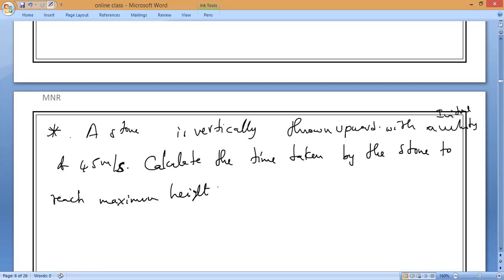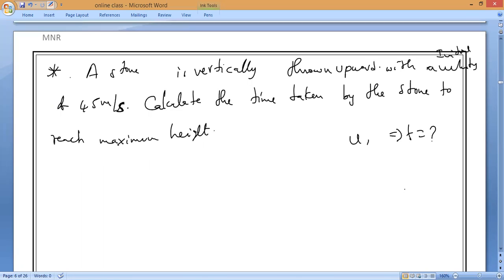Now, you all know, if you know velocity and you want to find the time period, then you have one relation. Which equation connects velocity and time? The ball is thrown upwards with velocity 45 meter per second, and the g value is opposite, so it is negative: -10 meter per second square.